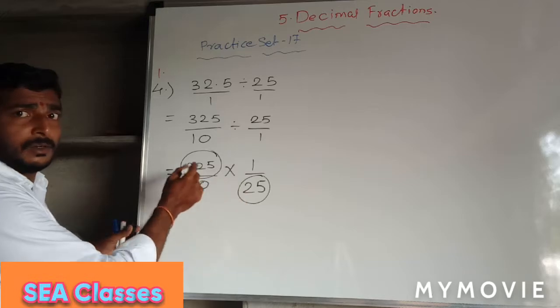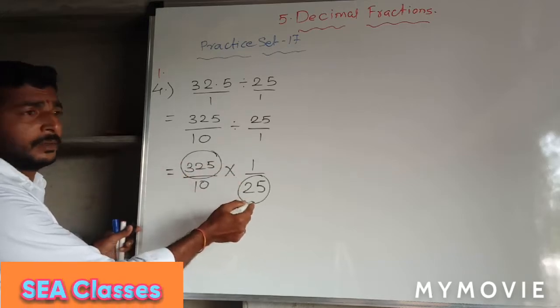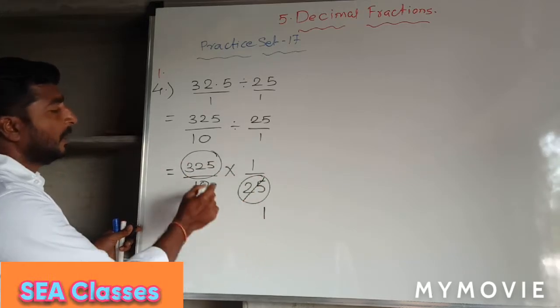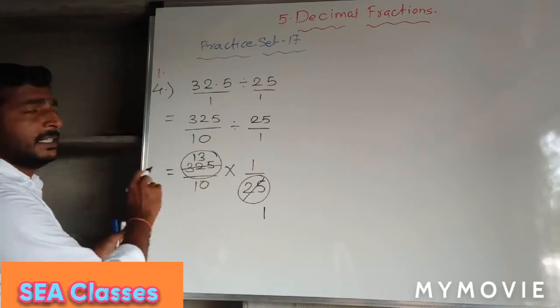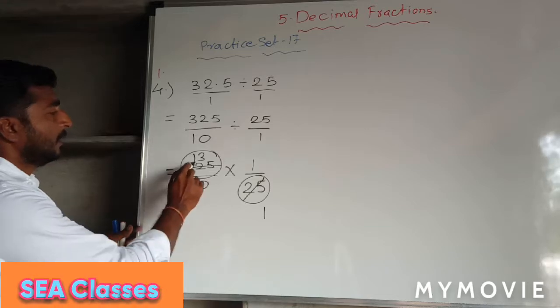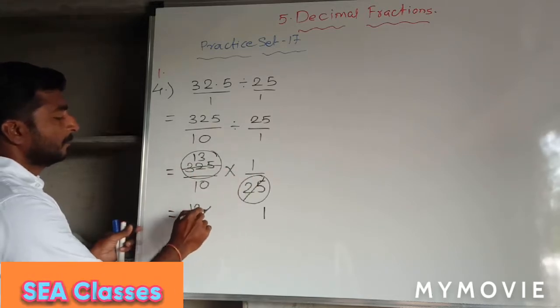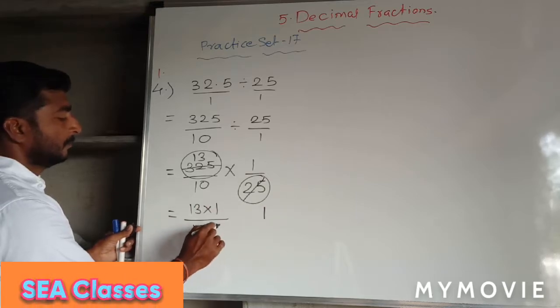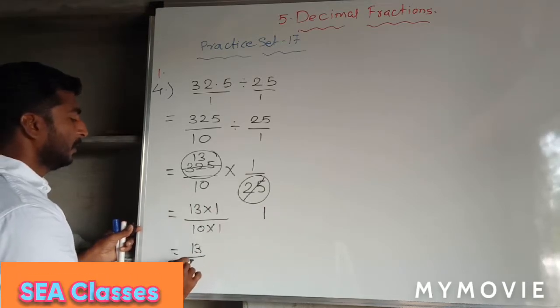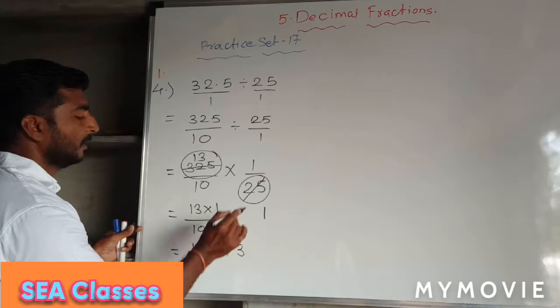So you can do the division of 325 by 25. If you do the division, you will get 25 ones are 25 and 25 thirteens are 325. So 13 will divide 325. So what is remaining here? 13 into 1, numerator by numerator, and 10 into 1. So that will be 13 upon 10, and your answer will be 1.3.